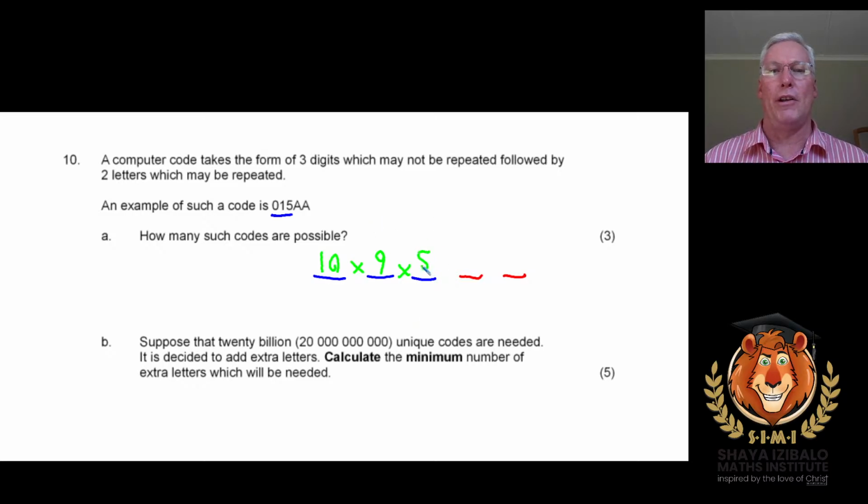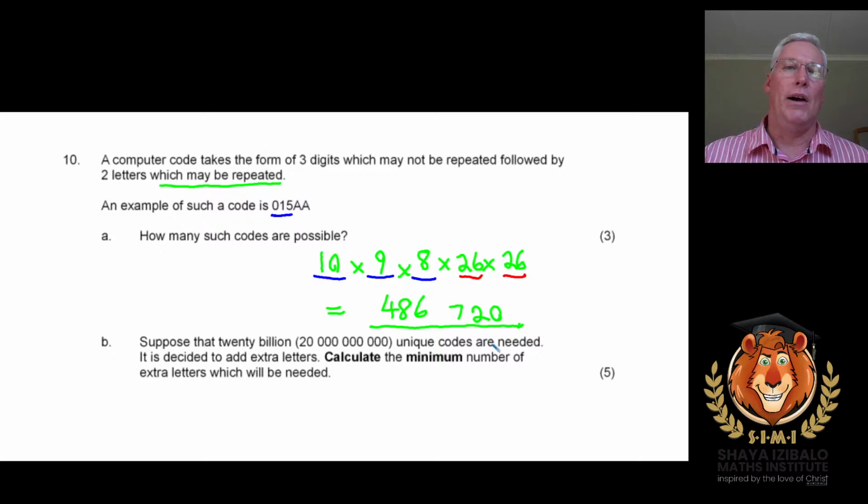And for the next digit, only a choice of 8. Now I'm choosing the letters, and I can choose any letter. So I've got a choice of 26, and letters may be repeated. So in fact, I've got a choice of 26 again. This all multiplies out to 486,720.